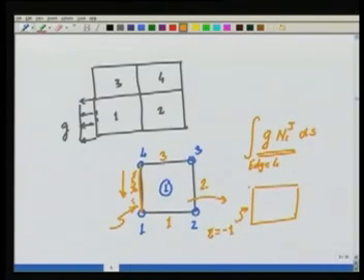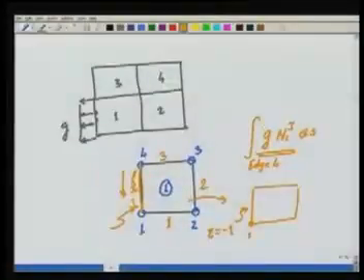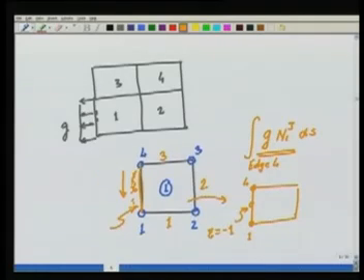Again on this edge, which shape functions are non-zero for the element? If I am using the quadratic serendipity, then the first one is non-zero, the fourth one is non-zero, and the eighth one is non-zero. So only these shape functions participate in this integral, and on this edge these are the 1D shape functions.